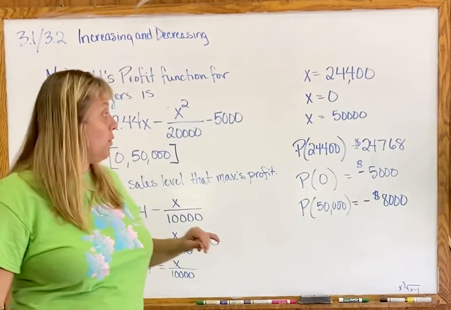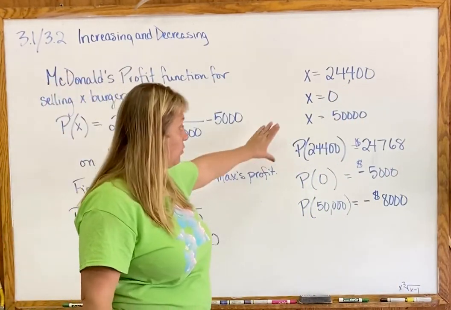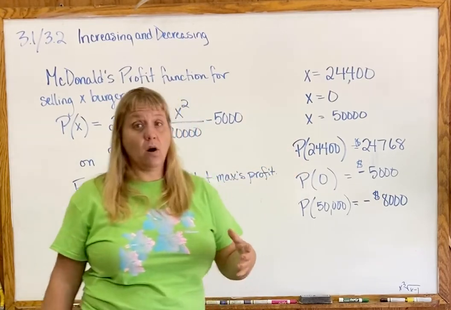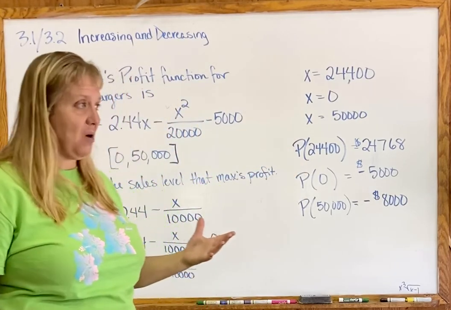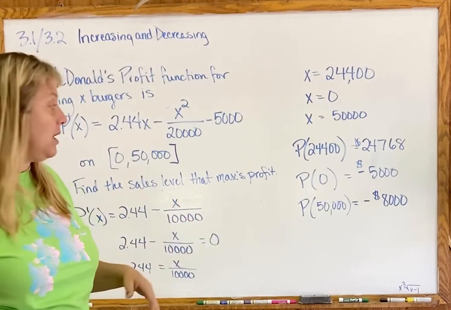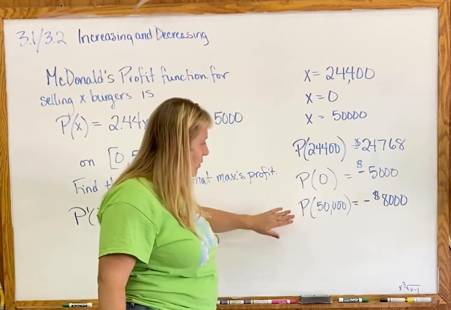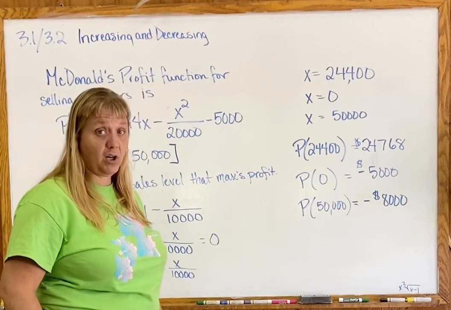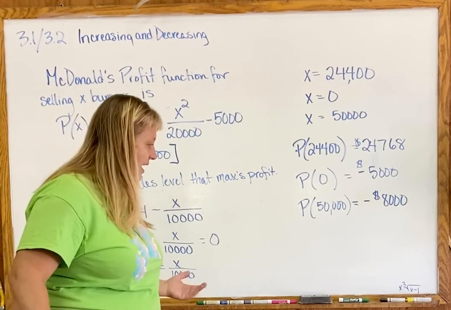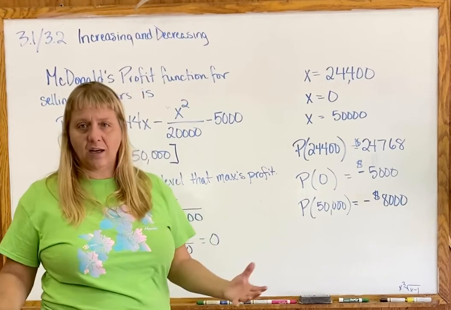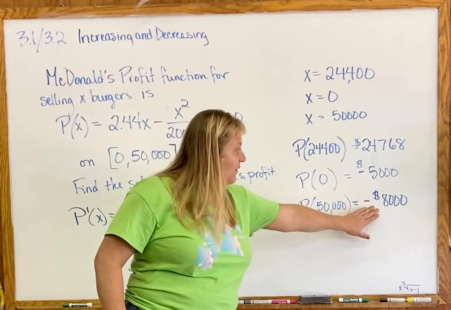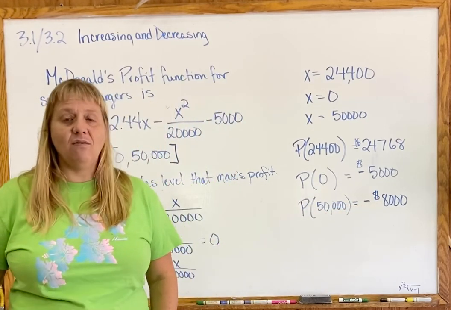Remember, we're looking for the absolute maximum, which is definitely going to be this one, isn't it? So if they produce 0 burgers, they're not going to be making a profit. That was negative. But if they overproduce and produce 50,000 burgers, it didn't give us a time unit, so I don't know if this is in a week or how many burgers people actually eat, but at 50,000, we're at negative $8,000.